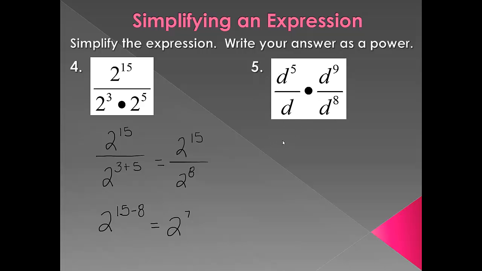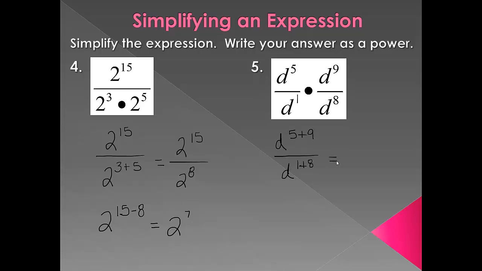So I have d. For my numerator, I'm going to then add my exponents since I'm multiplying, so 5 plus 9. And then for my denominator, I have the base of d again, and I will add my exponents. Since I do not have an exponent here, we can just write a 1, so I have 1 plus 8.